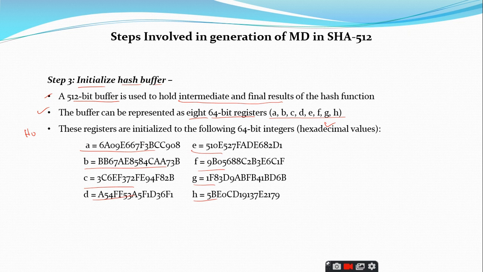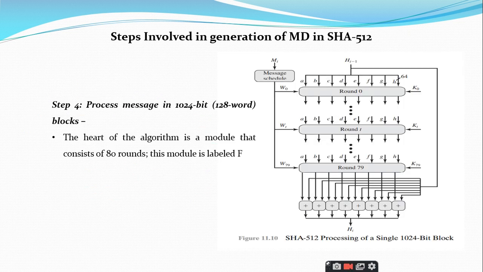Once we are done with these 3 steps, let us go with the 4th step. We are going to process the message in 1024-bit blocks. This is called the processing step, and this is the heart of the algorithm.